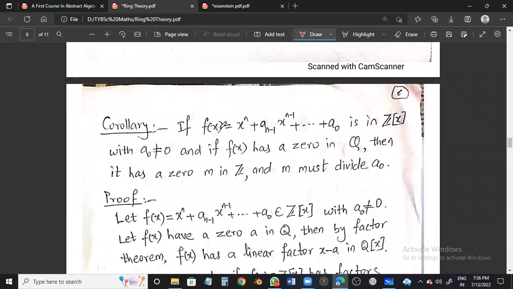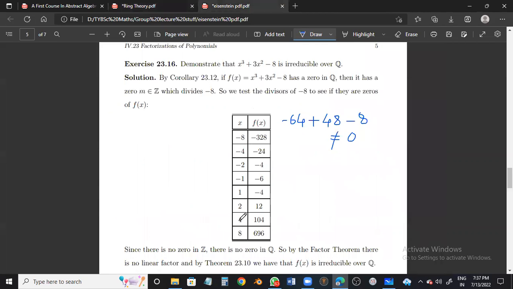Corollary: if f of x is in Z of x with a naught not 0, the constant term is non-zero, and if f of x has a 0 in Q, then it has a 0 m in Z, and m must divide a naught. Is it so? Yes, ma'am. This corollary is useful for us. So the same we have used. They're using the same letter here, m belonging to Z.